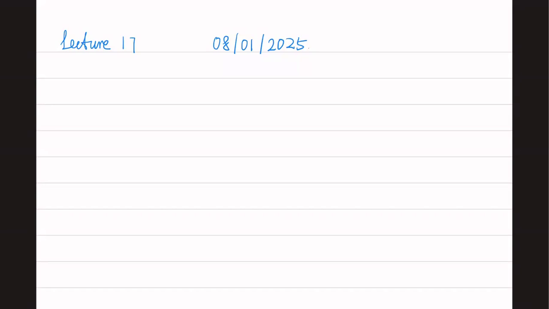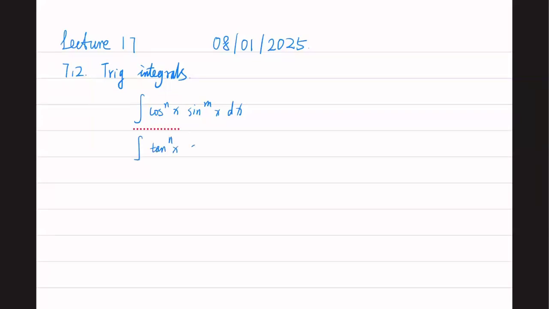So the previous section, 7.2, we learned trig integrals. They have two general types. For these two integrals, it depends on the power.